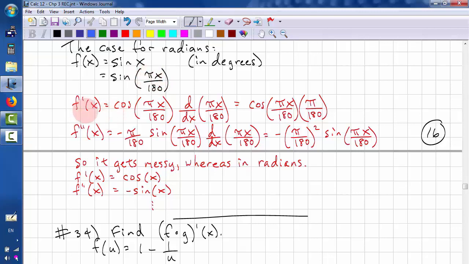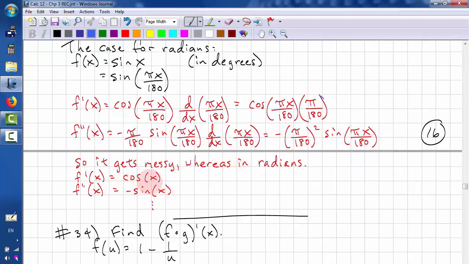If we take the derivative, we have to do cosine, and then we have to do the derivative of the inside, this. So we get this as the first derivative. If we want to take the second derivative, we move this out front, and then we take the derivative of cosine, we keep the inside, and then we do the derivative of the inside again. So it gets messy fast.